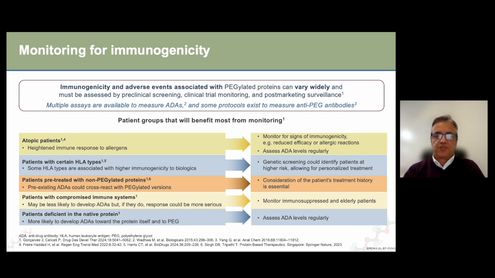So in this case, really what is important is to assess these ADAs in a regular way. It's not possible here to understand the development of immunogenicity if you just measure once a year. You really have to maintain the monitoring 3 or 4 times a year, really to assess the kinetics of development of immunogenicity against any biological drug.